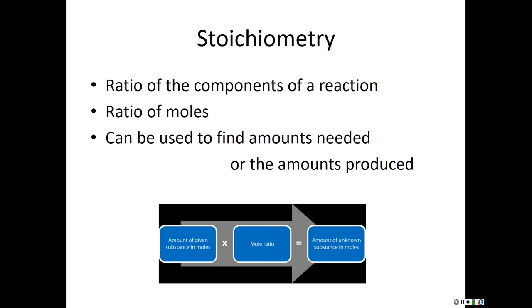The easiest type of question we can do is, say, if I have 12 moles of iron, how many moles of O2 are needed? So on your paper, figure out how many moles of O2 are needed to react with 12 moles of iron.